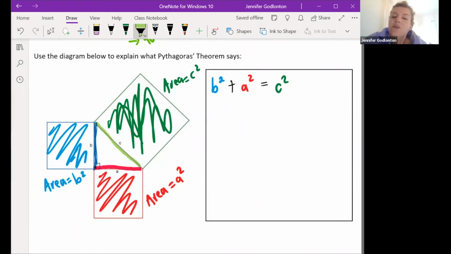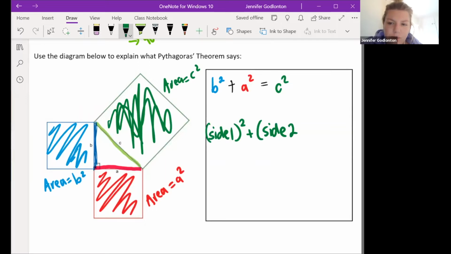So to write this nice and easy, for Pythagoras' theorem we are saying our side 1 squared plus our side 2 squared is equal to our hypotenuse squared. That's all Pythagoras is saying.